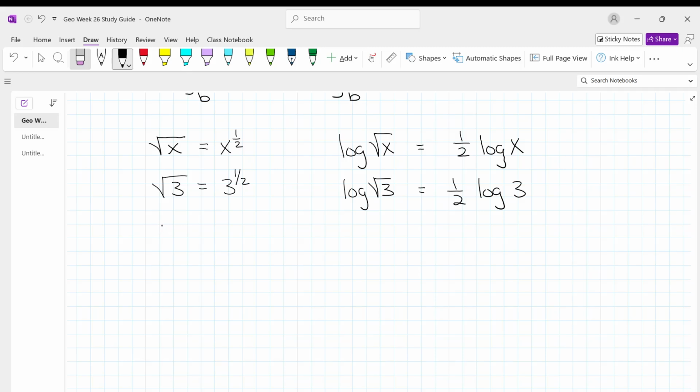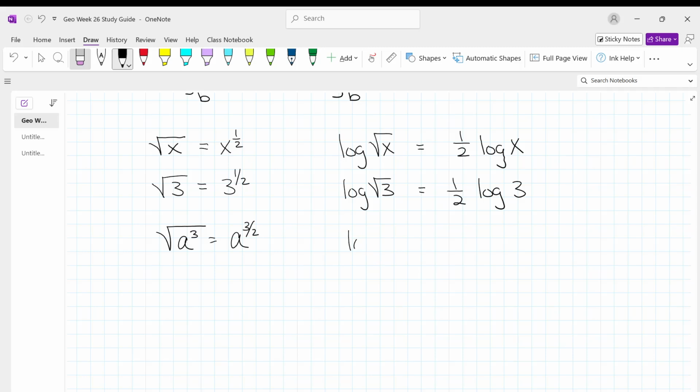The square root of a to the 3rd is equal to a to the 3/2 power.